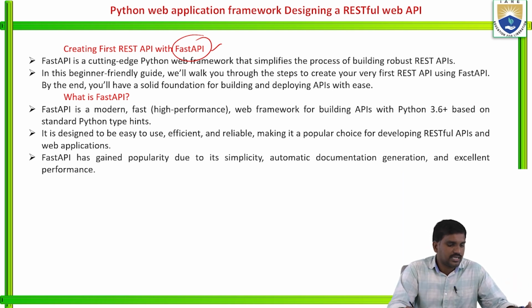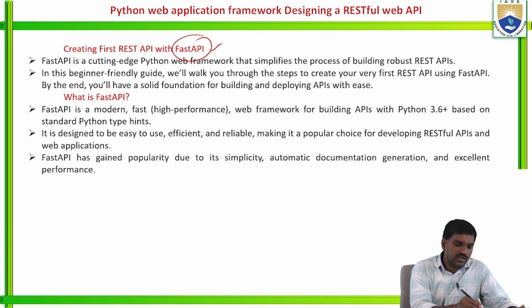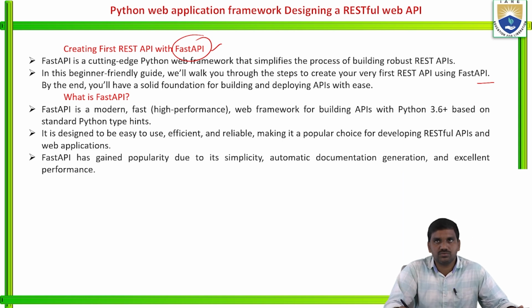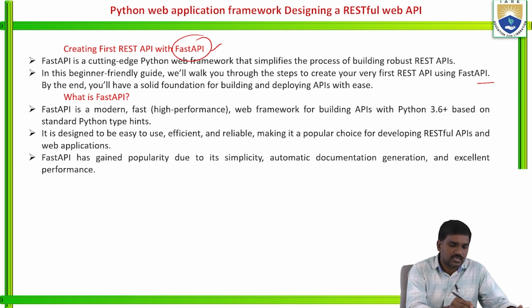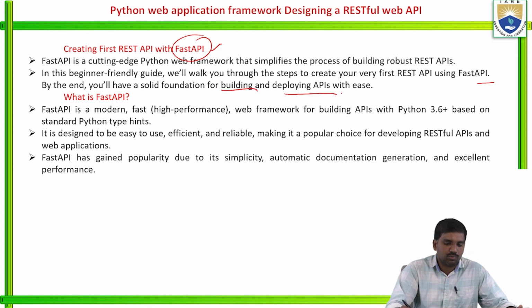In this beginner-friendly guide, we will take you through the steps to create your first REST API using FastAPI. By the end, you will have a solid foundation for building and deploying APIs with ease of coding.